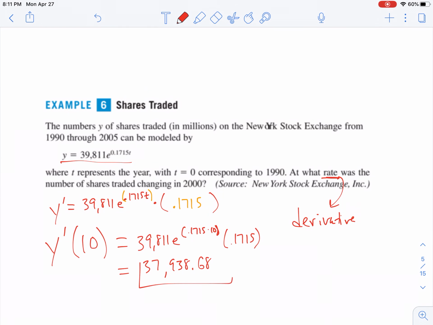And that's it. Shares traded. This is millions of shares. So what this means was 37,938 million shares were traded on the New York Stock Exchange in the year 2000. All right, that's it.